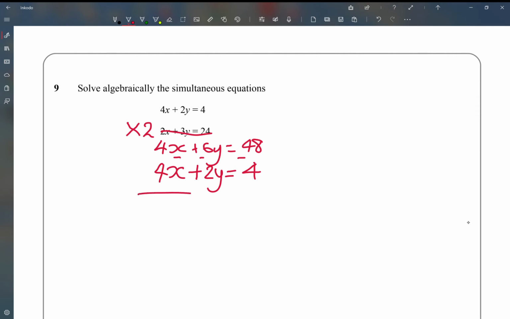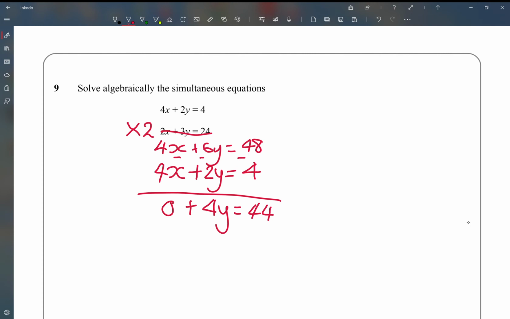So I like to draw a line. So 4x minus 4x is going to be 0. That's the idea really, to get one of the values, the x or the y, at 0. And then 6y minus 2y is a positive 4y, which equals 48 minus 4, 44.